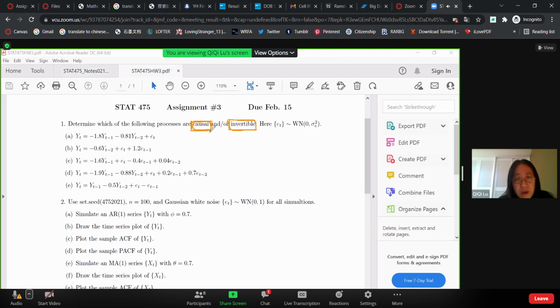In some books, they just call the causal time series a stationary time series. So in some books, they use different terminology for causality. If a time series is causal, then it is stationary. So these are the conditions for how to determine whether a given time series is causal or invertible.